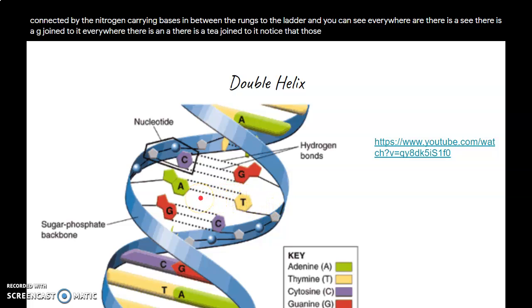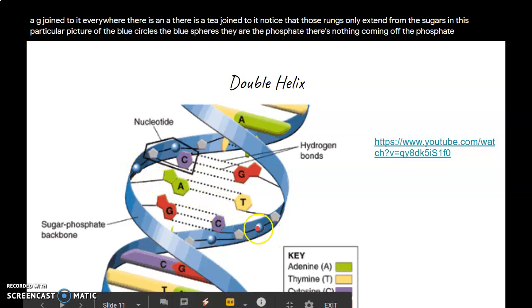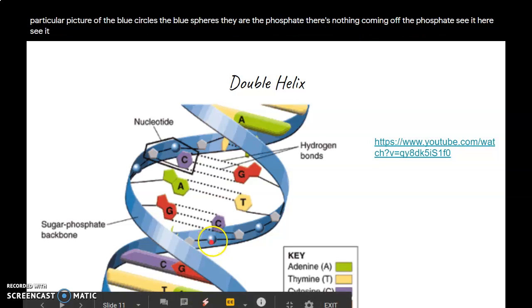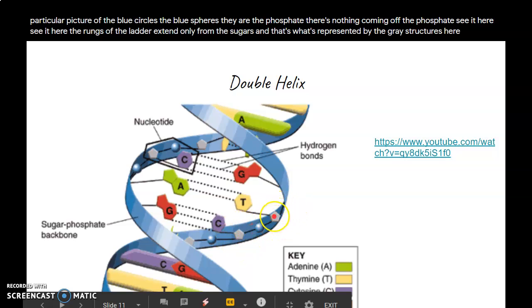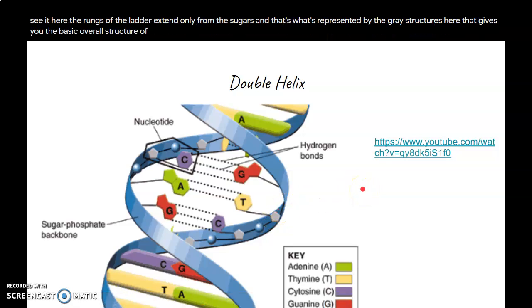Notice that those rungs only extend from the sugars. In this particular picture, the blue circles, the blue spheres, they are the phosphate. There's nothing coming off the phosphate. See it here, see it here. The rungs to the ladder extend only from the sugars, and that's what's represented by the gray structures here and here. And that gives you the basic overall structure of DNA.